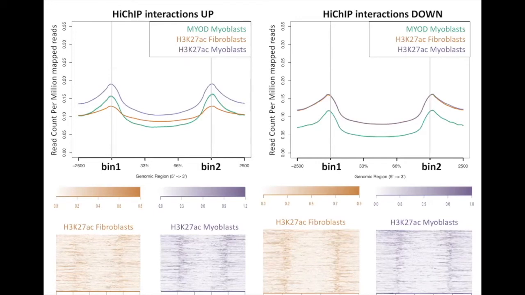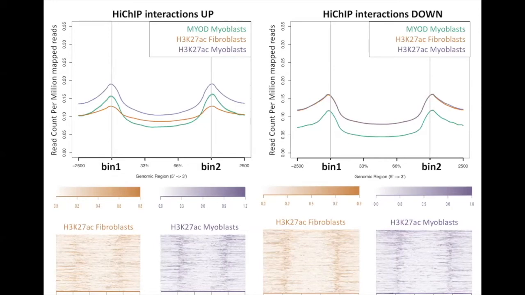So this clearly associates MyoD binding, increased interaction strength, and histone acetylation, while the large majority of interactions whose strength is decreased upon ectopic expression of MyoD could still be bound by MyoD, yet the acetylation did not increase.